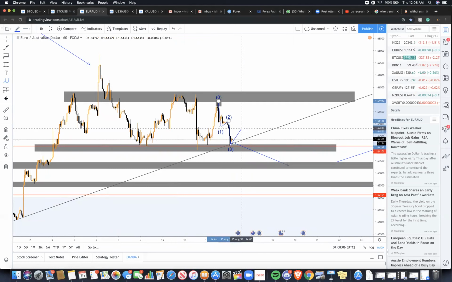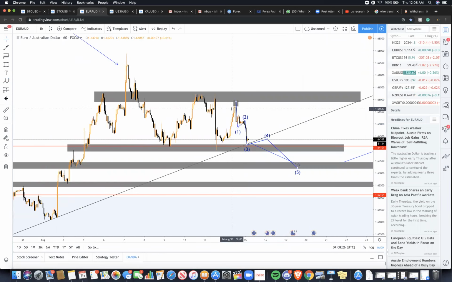Maybe we can see the move go above here, or since this is the support, if it does so, maybe this is it right here. So we have a potential Elliott wave setting up here. Again, another potential. So now the matter of the case is waiting.